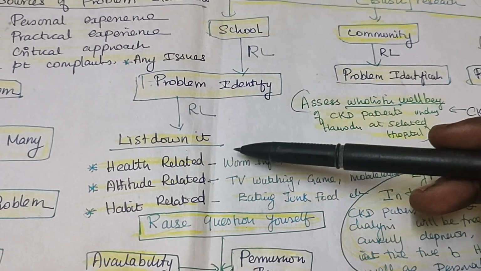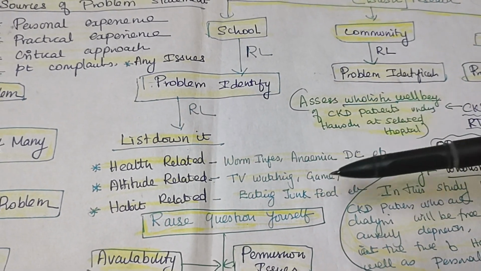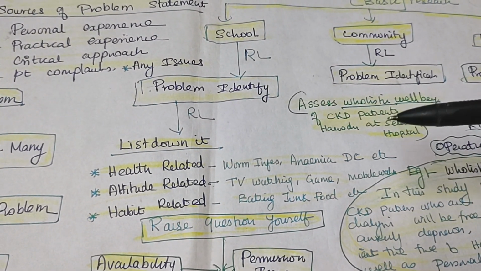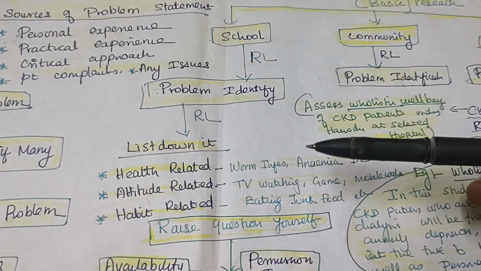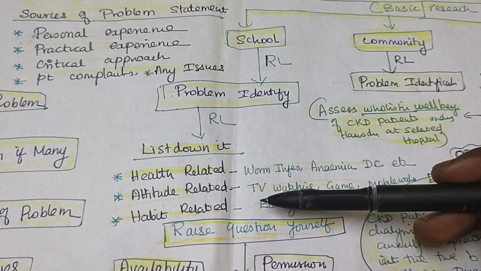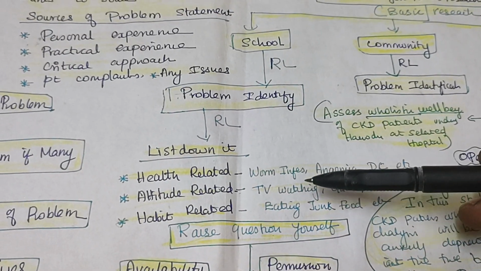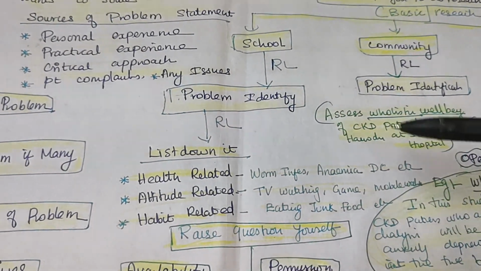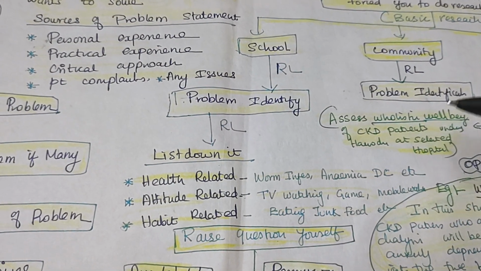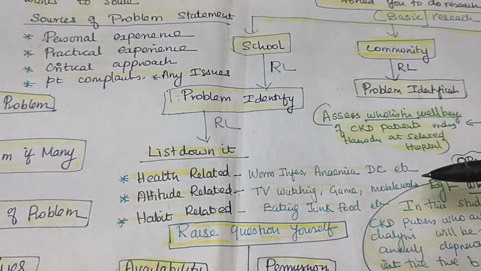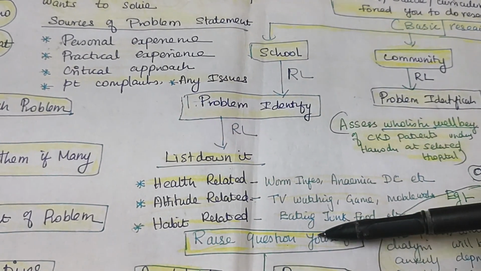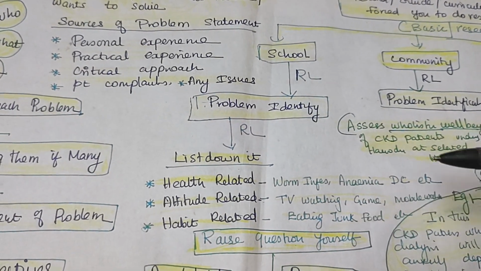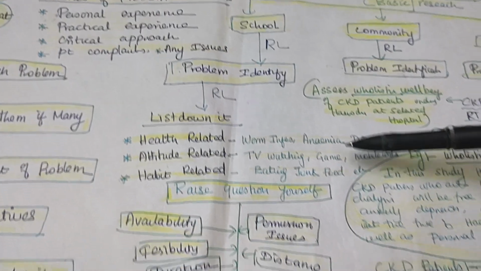Are you going to take a health related problem, either worm infestation or anemia or a disease, or diarrheal disease, or an attitude related problem, the many complaints related to TV watching, mobile problems, games, many games are there. Then habit related problems, some children have eating habits or junk food eating habits.